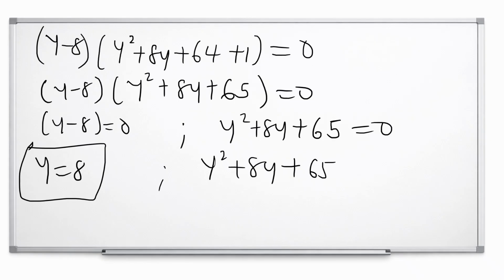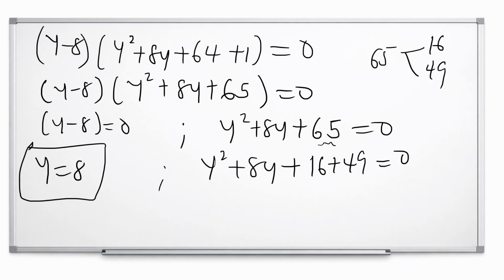But alternatively, I can break it down without using the quadratic formula. Okay, so 65, I can break down as 16 plus 49. So here, I'm going to have + 16 + 49 = 0.